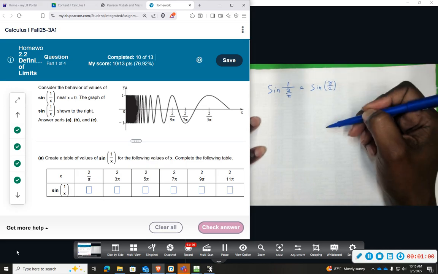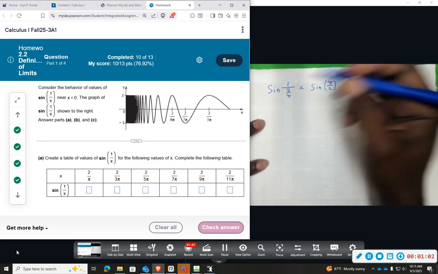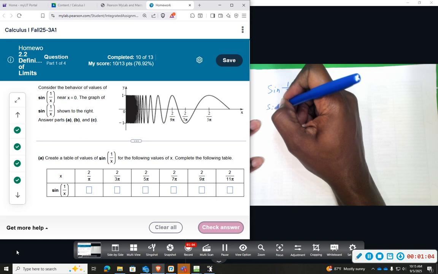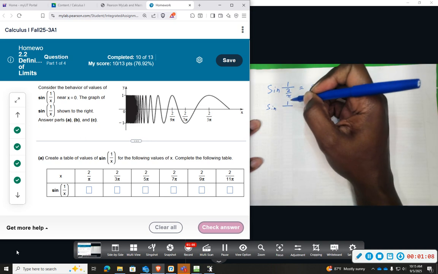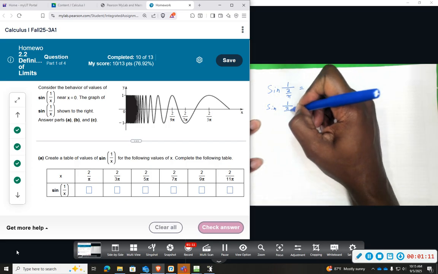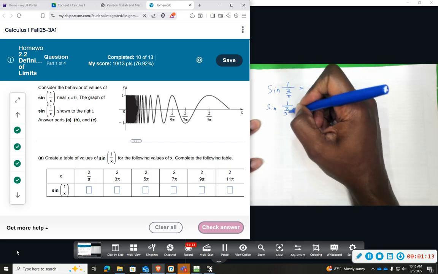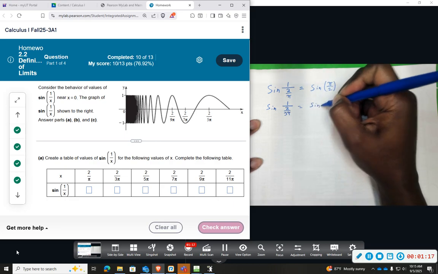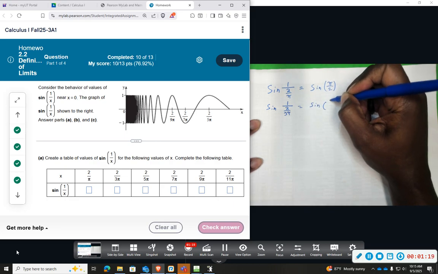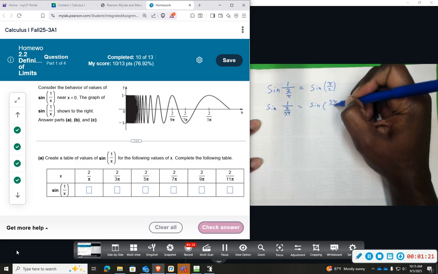And then the same thing will happen each time I plug in a different value. So the next one is sine, and then we have 2 over 3 pi. That will give us sine of 3 pi over 2.